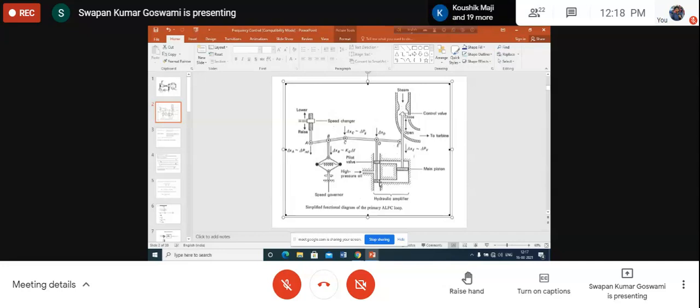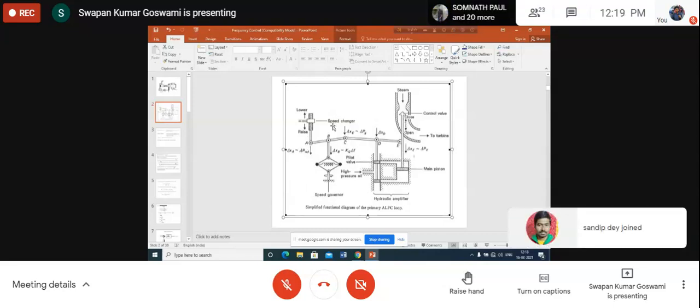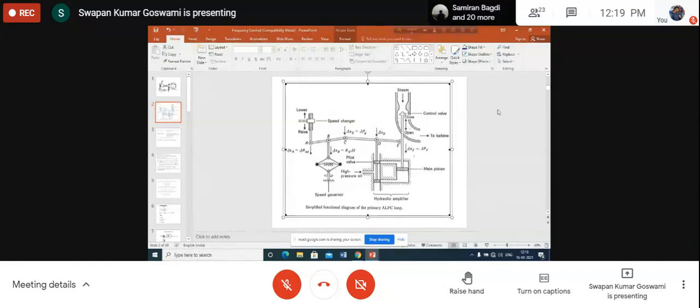This means a new steady state will be arrived at, and the generator will again be rotating at synchronous speed. Because of the power increase command, the opening of the steam valve will be increased, and the positions of B, C and the rest will keep changing until a new steady state is reached, where the generator is again rotating at synchronous speed.